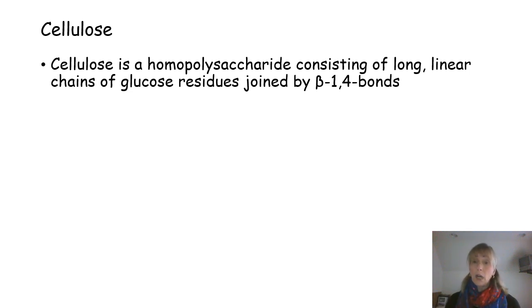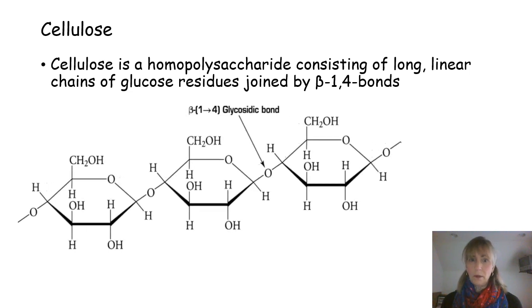All right, so how are they linked? Well, in cellulose, they're all linked by beta 1,4 glycosidic bonds. Okay, so totally different than our maltose, right? Beta 1,4. Here's a beta 1,4. Here's a beta 1,4. Every single one. And remember, this repeats on and on.